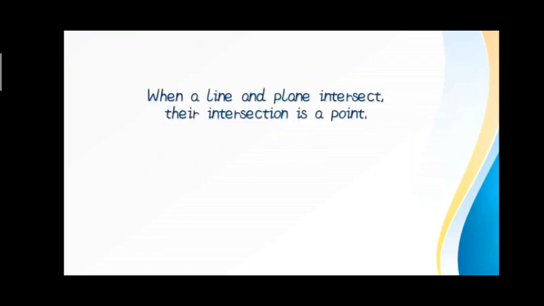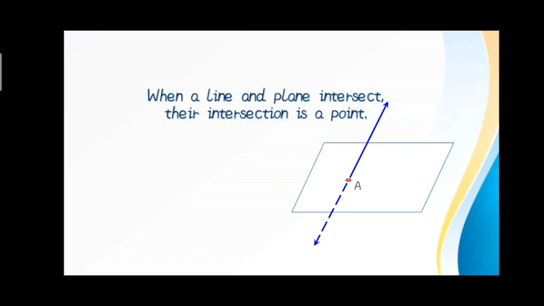What if a line and a plane intersect? Then their intersection is a point. Let's take an example with the figure. This is a plane and it is intersected by a line. So their intersection is a point, and we have named that point A. I hope you have understood.